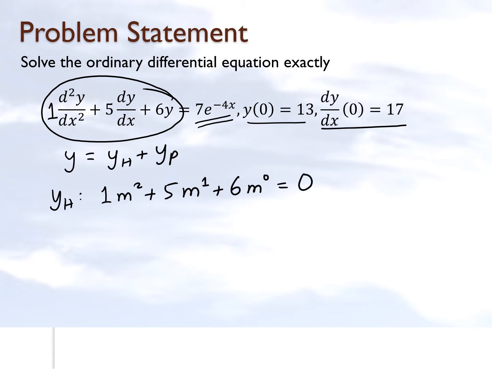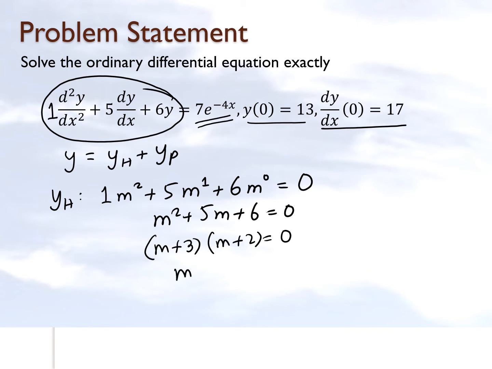That gives us m squared plus 5m plus 6 equal to 0. And I can factor it as m plus 3 times m plus 2 equal to 0. And that gives me the two roots of this characteristic equation: minus 3 and minus 2.